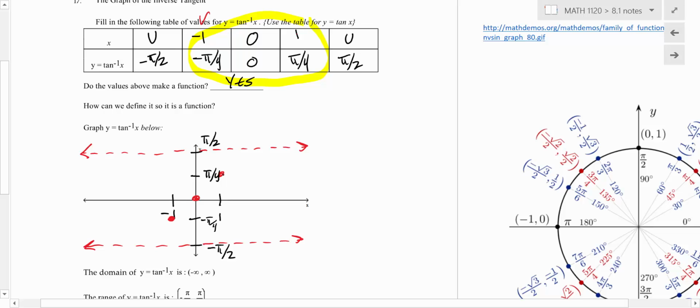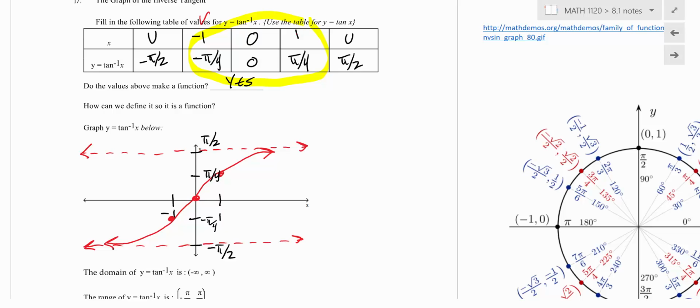Now if you just turn your head to the right, this is the way I do this, I just draw kind of like that, and then you would be approaching those horizontal asymptotes. You're not going to touch the asymptote, but the way horizontal asymptotes work is, as x gets bigger, you get closer to the asymptote, but you never touch it. So that would go the same way on the other side. So that's what the graph of an inverse tangent looks like.